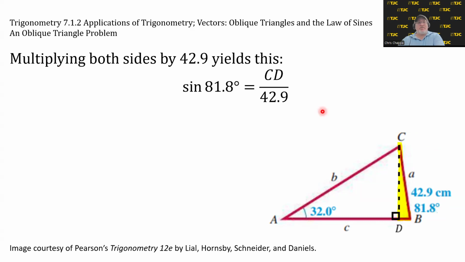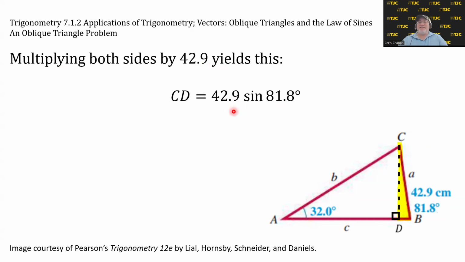We can solve this for CD by multiplying both sides by 42.9, and we get CD equals 42.9 times sine of 81.8 degrees. What does this equal? I don't know and I don't care. This is just an intermediate value on the way to finding b, so we're going to leave it like this for now.